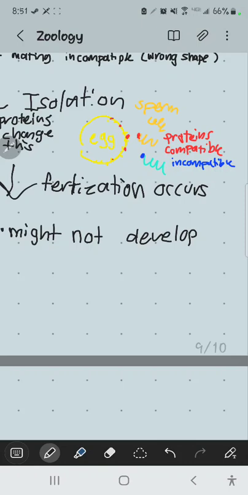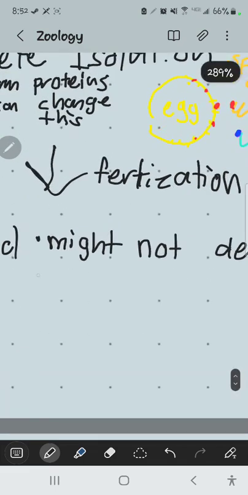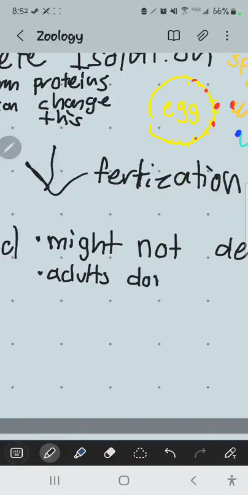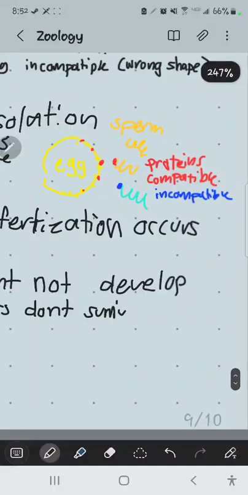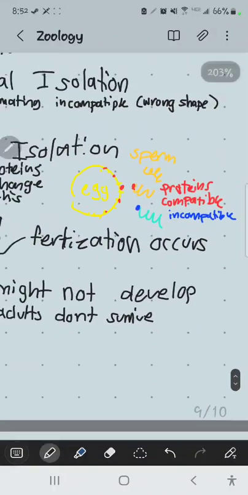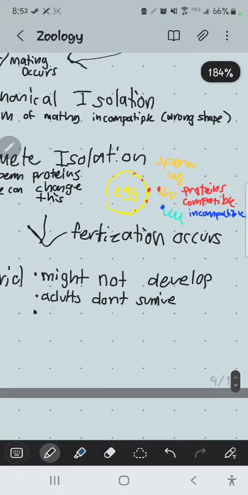Or the hybrids don't survive in nature. This is where, like I said, pythons and ligers, they probably wouldn't survive in either the savanna or the jungle habitat because they're not really adapted to those environments. Or the hybrid adults are sterile or have reduced fertility.